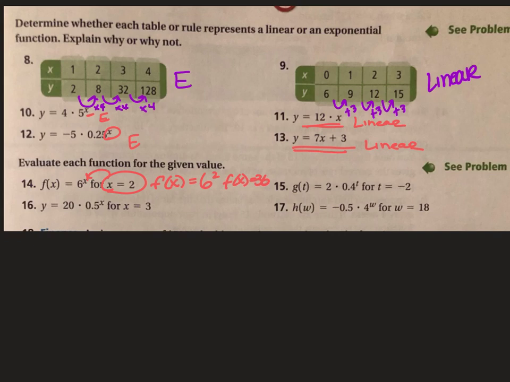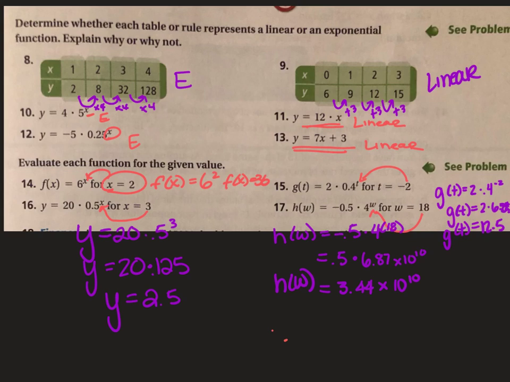You would plug in the value that they give you for each one. All right, so I've added the answers here if you want to go ahead and check those. Again, all you were doing was plugging in the value that they gave you for the exponent and then doing the math.